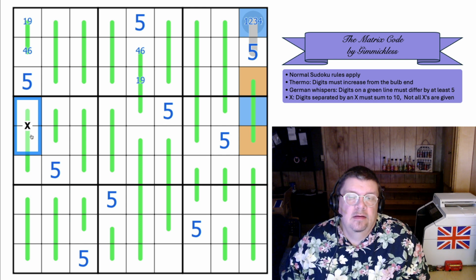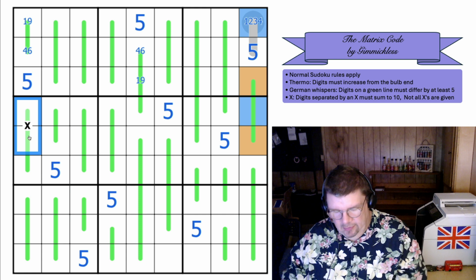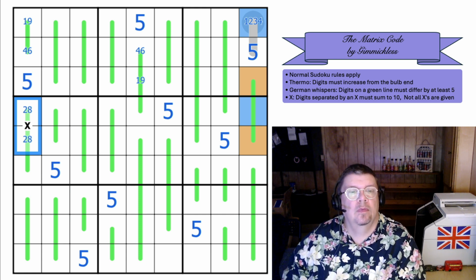They can't be 3 and 7 because they are also not far enough apart. They can't be 1, 9 because that would break that cell. So that must be 2, 8. That's nice.